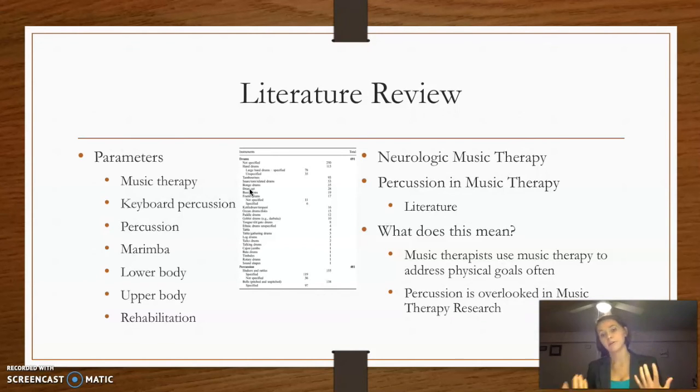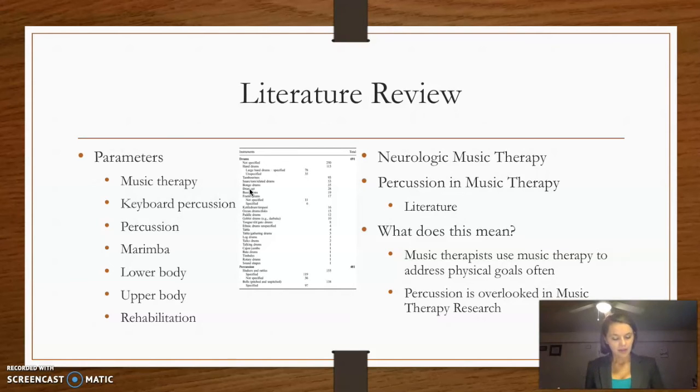Neurologic music therapy, or NMT, is a type of music therapy outlook that focuses on neurological rehabilitation and treatment, and it often includes addressing motor impairments. They used the concept of rhythmic entrainment to the lower limbs of the body through rhythmic auditory stimulus and therapeutic instrumental music performance to address upper body movement techniques.